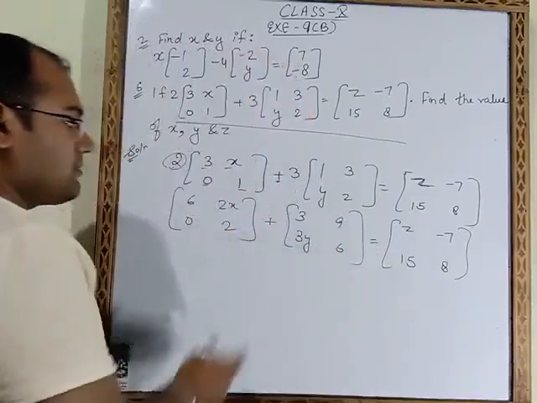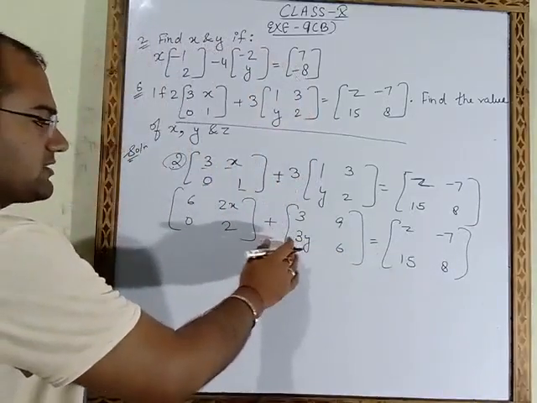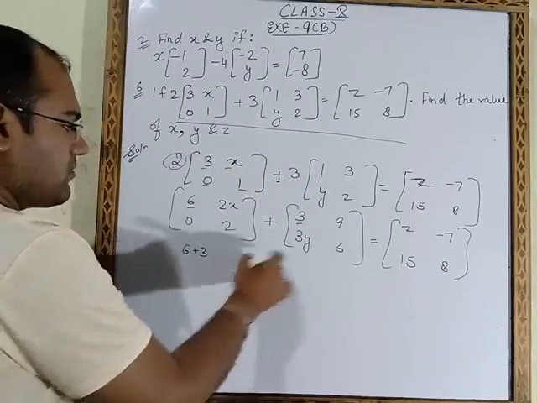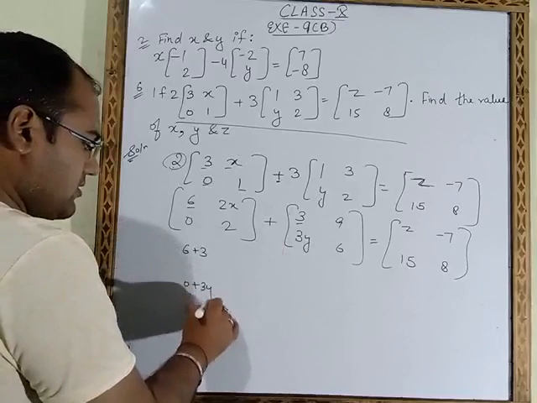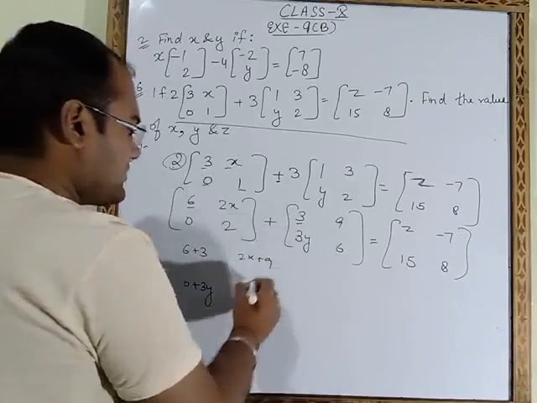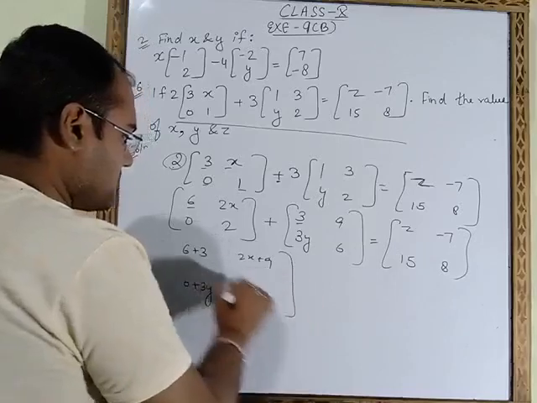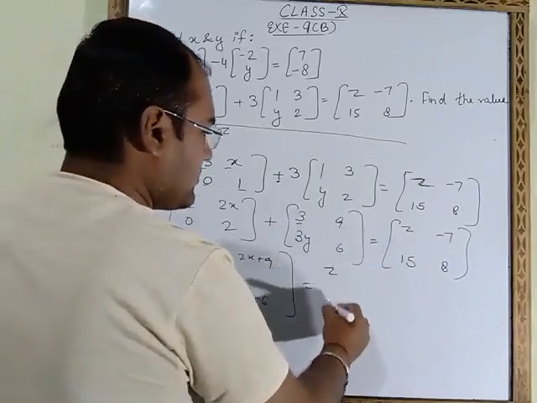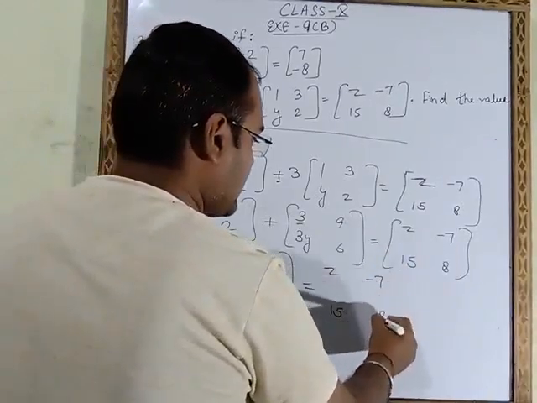Now what will be the next step? We have to add these two matrices. 6 plus 3, first element. 0 plus 3y. 2x plus 9. 2 plus 6. And in equal, [z, 15; minus 7, 8].